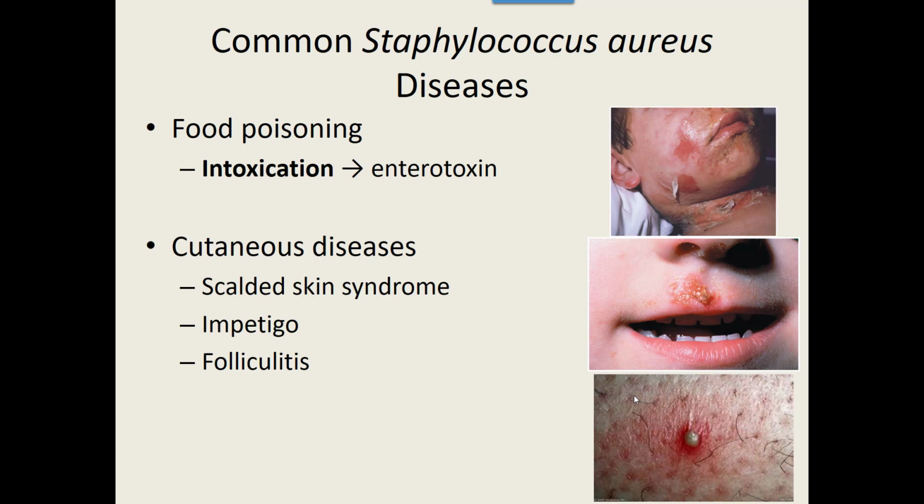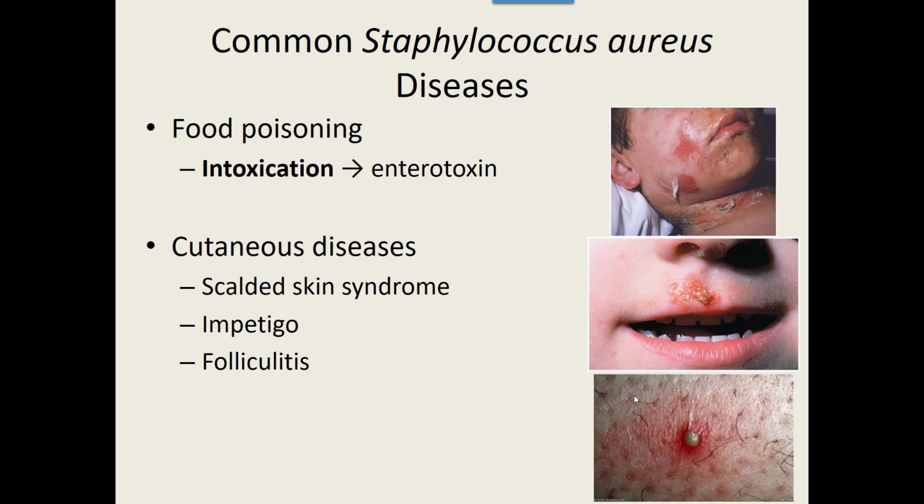Common foods that this bacteria seems to grow and thrive in: processed meats, potato salads, custards, ice creams. Usually all of those foods are contaminated by some type of skin contact. Someone wasn't wearing proper gloves when they were handling the food, and the bacteria went from their skin into the food. But most people relate Staph aureus infections to be skin diseases, cutaneous diseases.